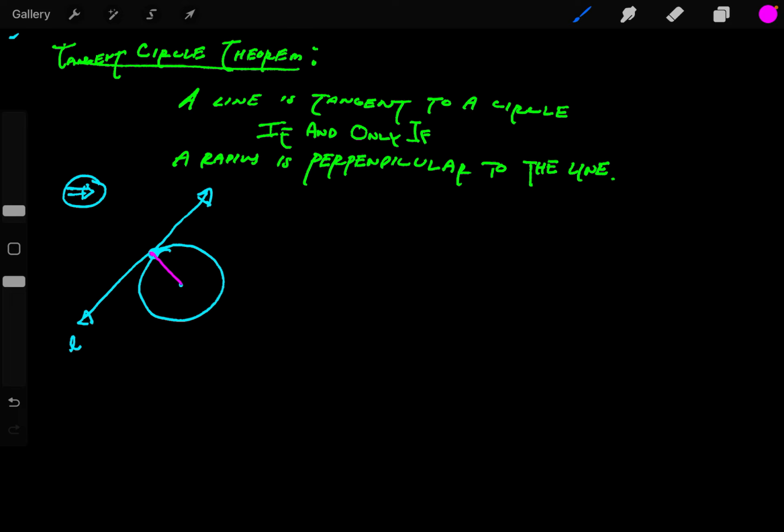I'm leveraging the fact that if this line from this point to this line is the shortest distance, then we know that it's perpendicular.